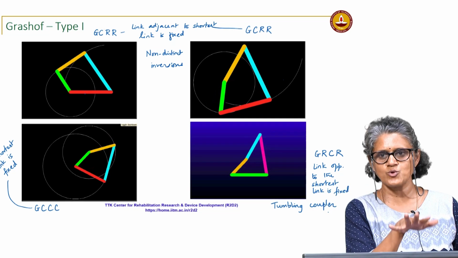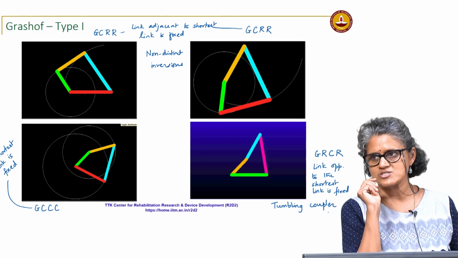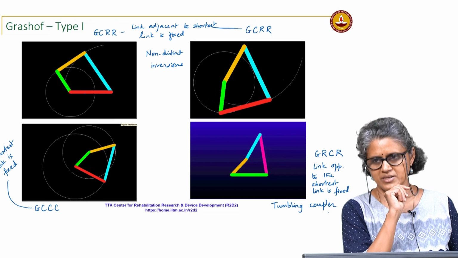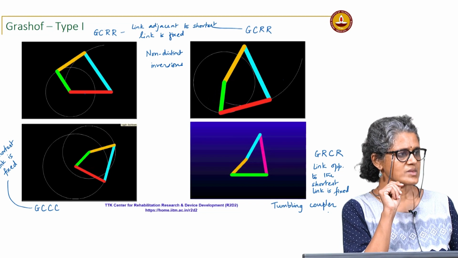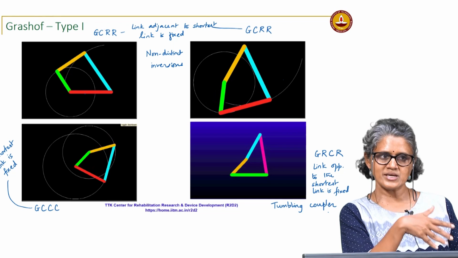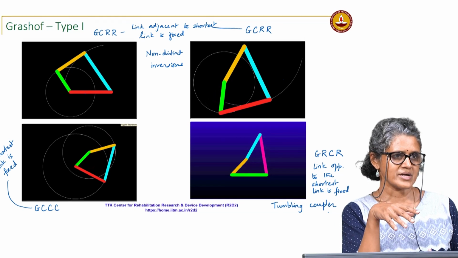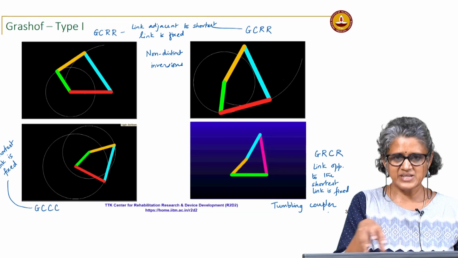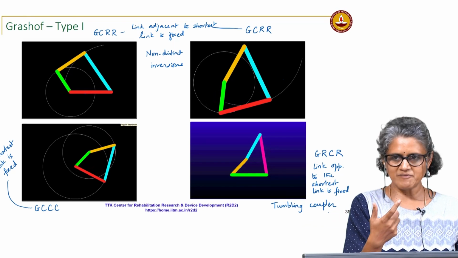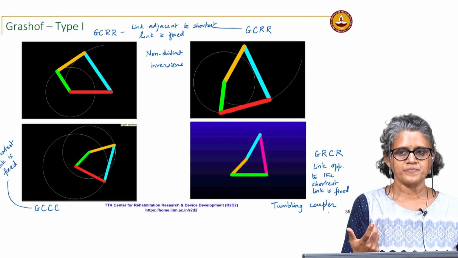That is basically what the proof is based on. And there you will find out that the shortest link is the one that will make the complete revolution. Okay. But other than that, you can attach the longest link next to the shortest link, there is no problem with that. I picked certain dimensions in order to be able to show it, in some you may not see the tumbling coupler very clearly, for instance. Okay.